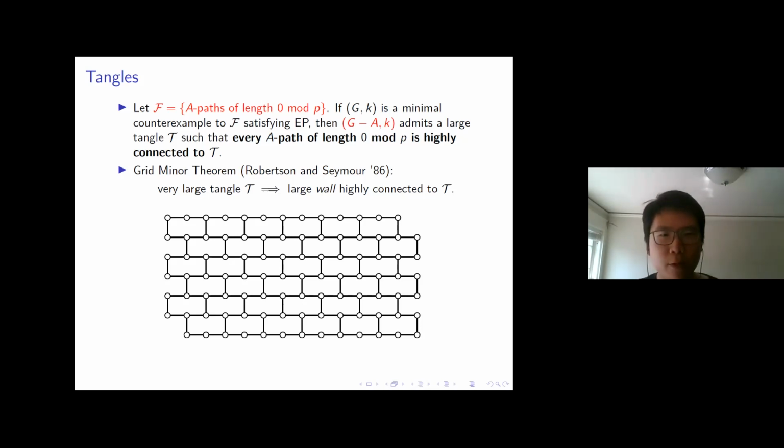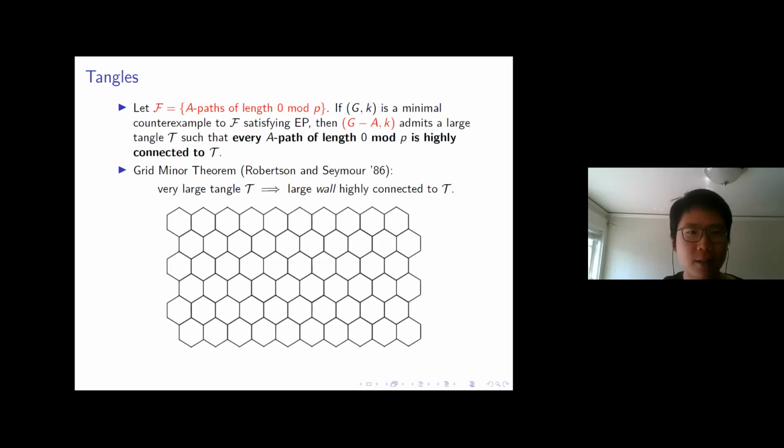When I first learned about walls, I thought this was a very strange, unnatural object. But it turns out I was wrong. It took me more than a year of working with this problem to realize that this is actually just the hexagonal grid. In some sense, a hexagonal grid is more natural than a square grid, at least to me.